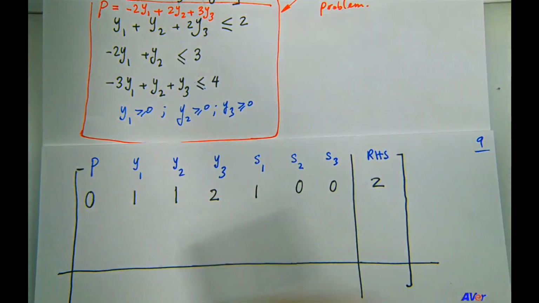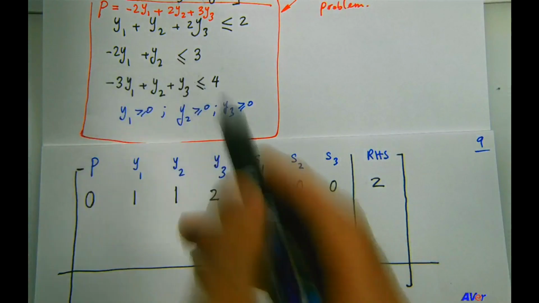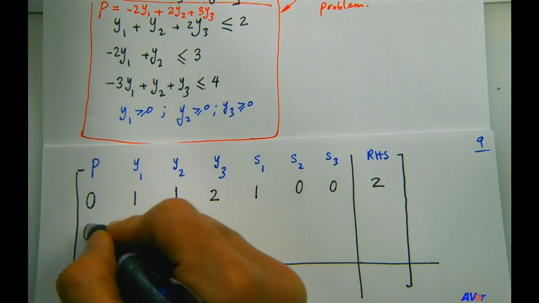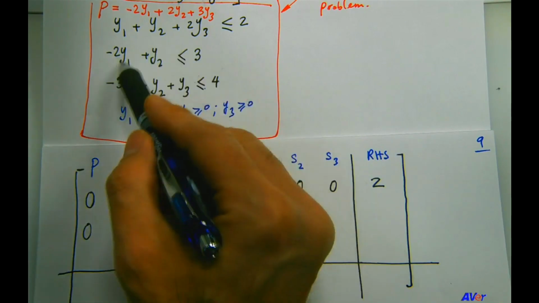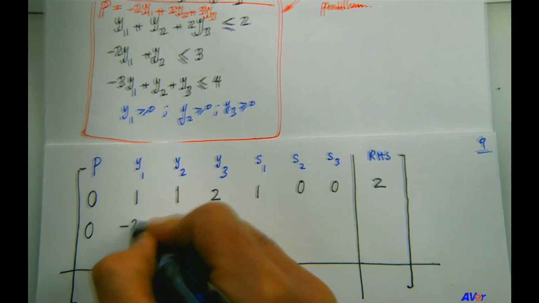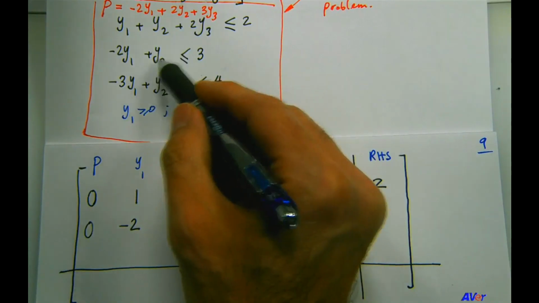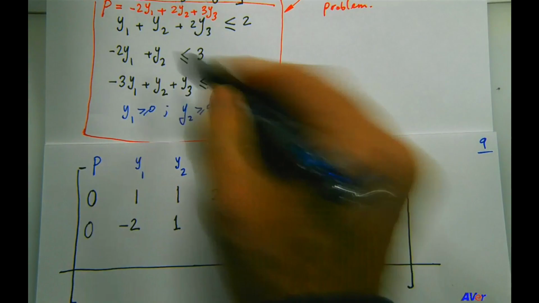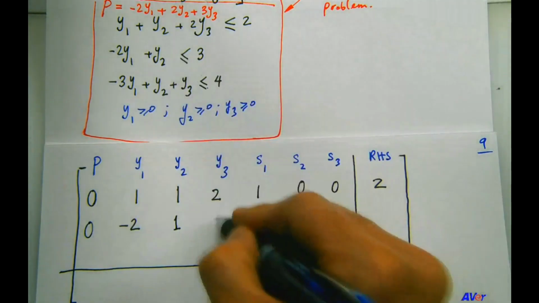Right? So the second constraint inequality, there is no p, so once again 0. There is a y1 with coefficient -2. There is a y2 with coefficient 1. There is no y3, so the coefficient is 0.